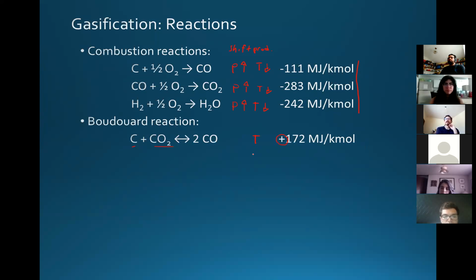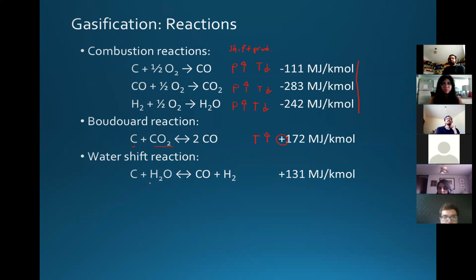There's another reaction that is called the water shift reaction. It's called the water shift because we're changing this water to carbon monoxide and hydrogen gas. If you see the reaction, it is endothermic and we have again 2 moles of gas on one side of the reaction, 1 for carbon and 1 for water, and 1 for carbon monoxide and 1 for hydrogen, so we have equal amounts of gases on both sides of the reaction.